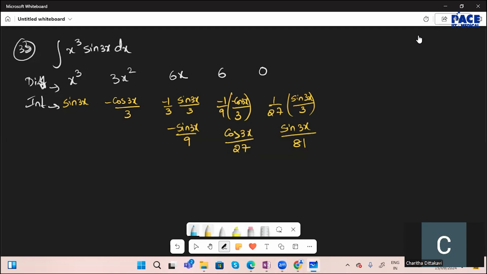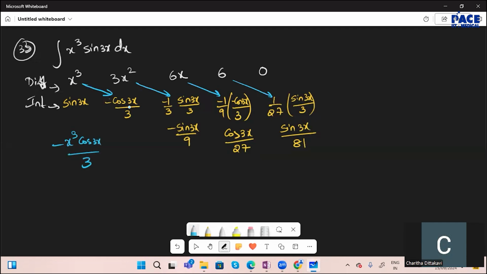Now what is the process? Observe, come the cross way. This with this, with this, and obviously 0 into anything, you don't need to consider, isn't it? So what will be my first step? That will be x cube into minus of cos 3x by 3. So that is minus x cube into cos 3x by 3 is my first step.